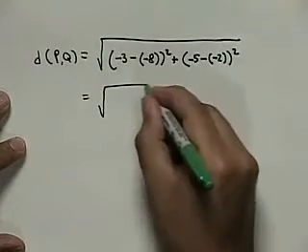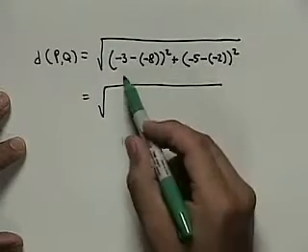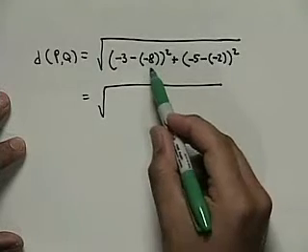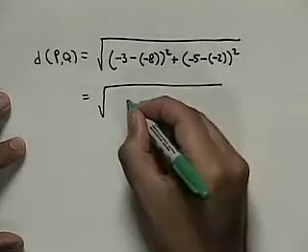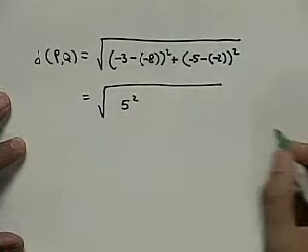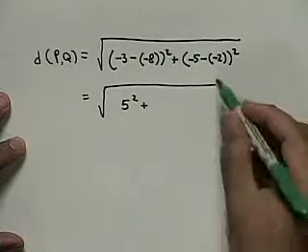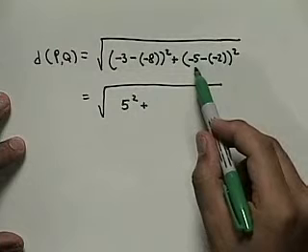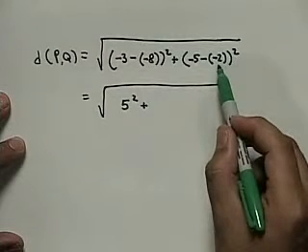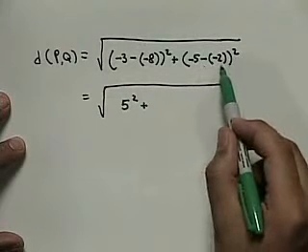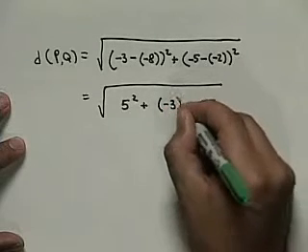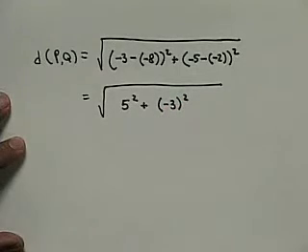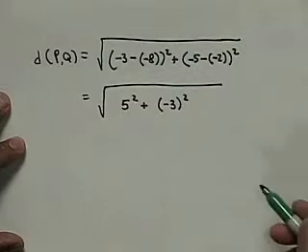Simplifying this, we get the square root, and then -3 minus -8 is really -3 plus 8, and -3 plus 8 is 5. So we have 5 squared, plus, and then in these parentheses we have -5 minus a -2, which is -5 plus 2, and -5 plus 2 is really -3, so we need to square that as well.